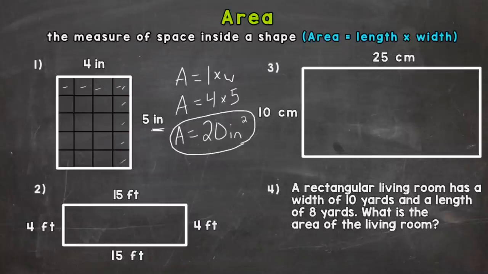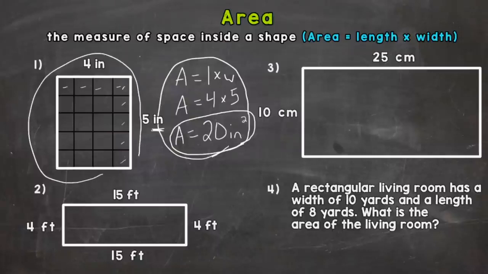Now where all those lines intersect and create those squares, we have a 4 by 5 rectangle, and there are 20 squares that fill or cover that rectangle. Now, it's much easier and quicker to just do 4 times 5 and follow our formula than fill a rectangle with all those squares. But this kind of shows us what those 20 square inches look like that fill that rectangle. Let's take a look at number 2.